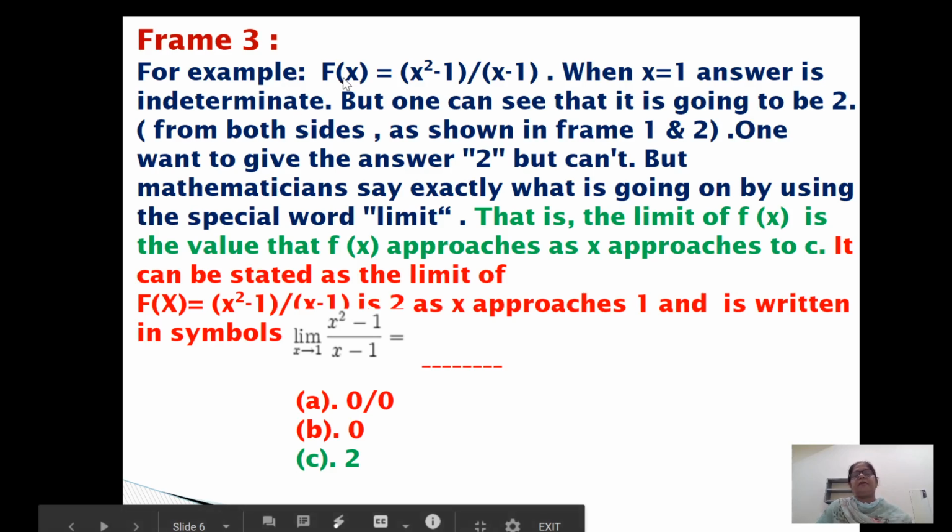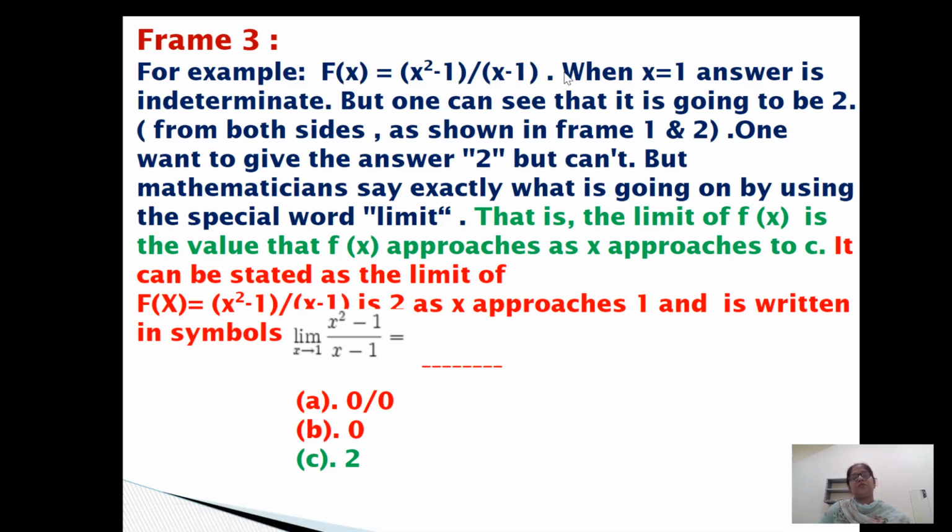Now for the example that you have taken earlier, f of x is x square minus 1 divided by x minus 1. When we put x equal to 1 here, the answer is indeterminate. But one can see it is going to be 2 from both sides, as shown in frame 1 as well as in frame 2. Now one wants to give the answer 2 but cannot. But mathematicians say exactly what is going on by using the special word limit.